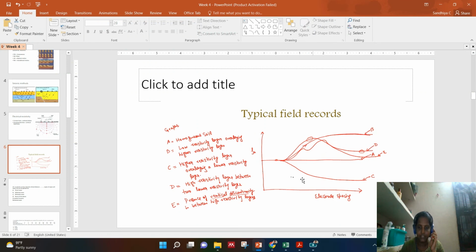Here the resistivity increases with electrode spacing. The option could be either B or C. Here also the resistivity is increasing, here also it is increasing. But you can see it actually decreases and then increases, whereas here it is increasing continuously.